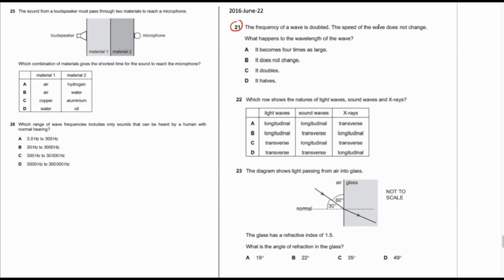The speed of the wave does not change, the v is the same. What happens to the wavelength of the wave? So we think of v = f lambda. The speed does not change, remains as v.